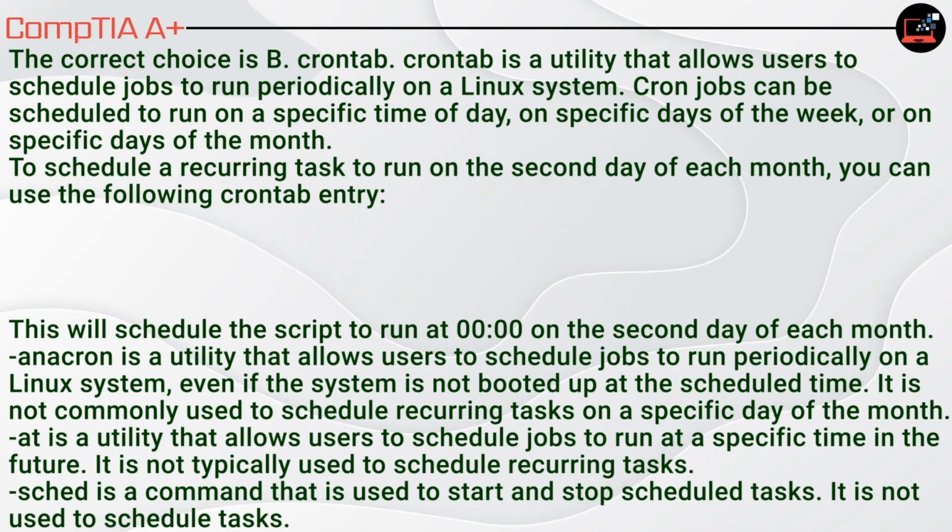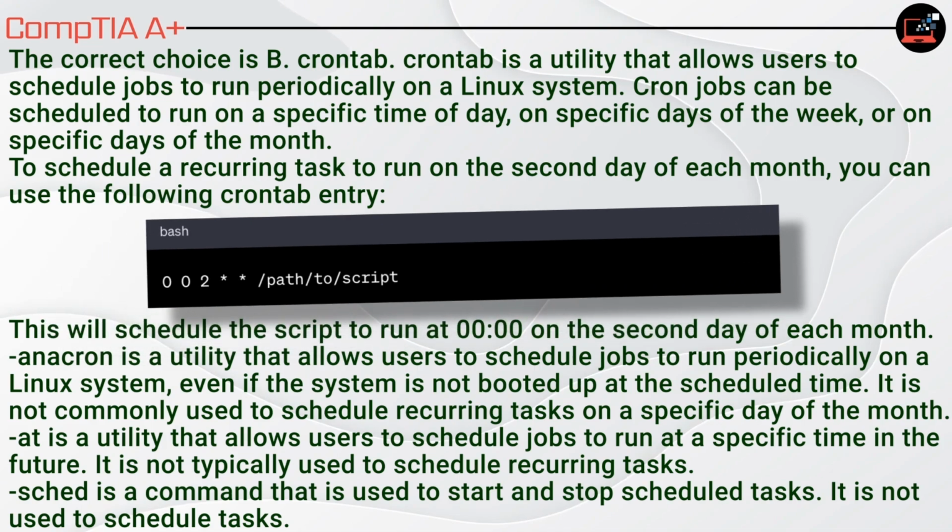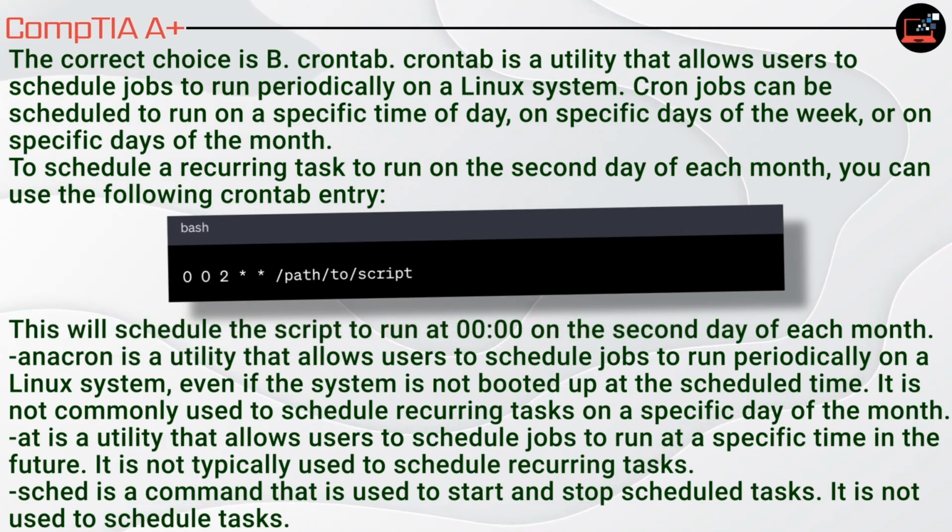Crontab is a utility that allows users to schedule jobs to run periodically on a Linux system. Cron jobs can be scheduled to run on a specific time of day, on specific days of the week, or on specific days of the month. To schedule a recurring task to run on the second day of each month, you can use the following crontab entry: 0 0 2 * * /path/to/script. This will schedule the script to run at 12 o'clock midnight on the second day of each month.